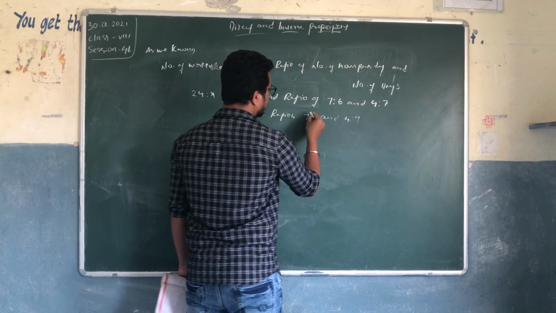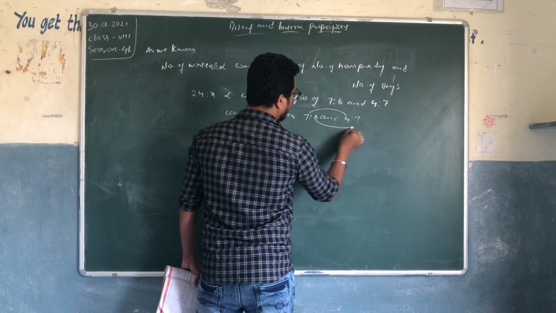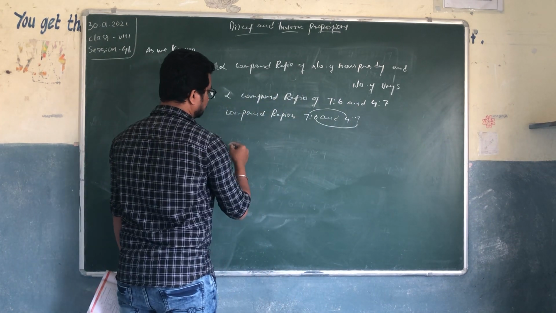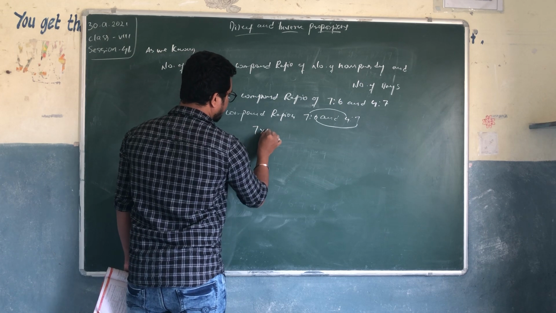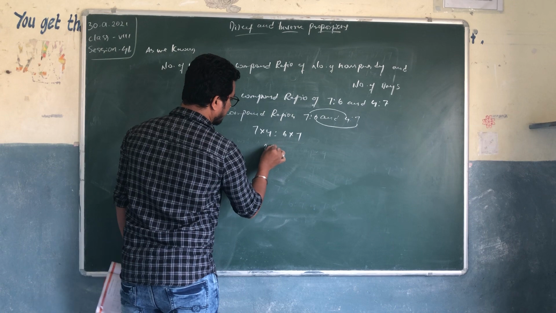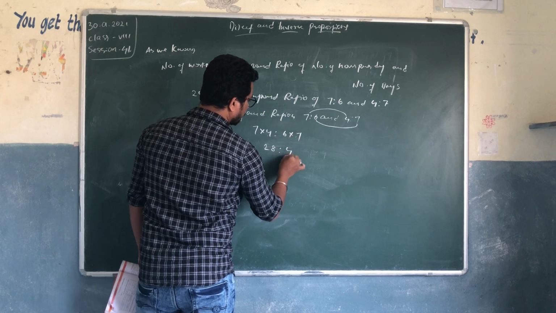How do you do this? 7 into 4 and 6 into 7, right? Now 7 into 4 is to 6 into 7. 7 4s 28 is to 6 7s 42.